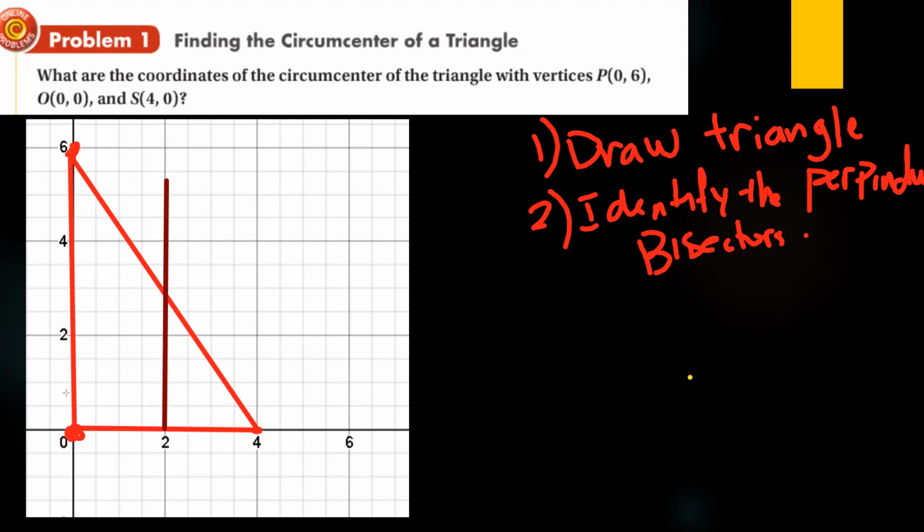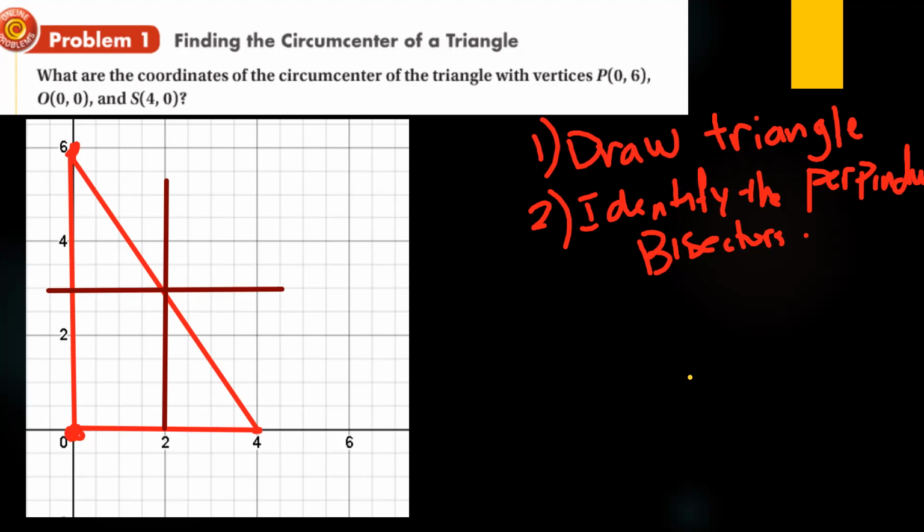For the second one, from 0 to 6, where is the midpoint? That's 3. Yes, it will be here. Miss, how? You know that it is 3 and 2.